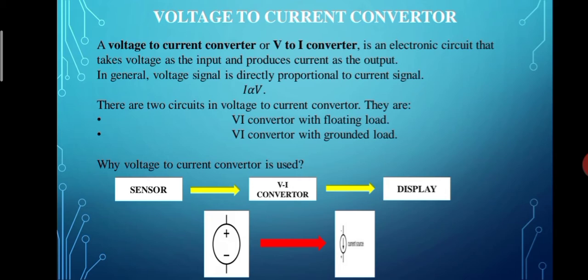Assume the sensor takes the input in terms of voltage and gives the output in terms of voltage to the display. But it may acquire some drops and noise will be superimposed throughout the cable. In order to stop the drop and noise superimposition, this voltage to current converter is used.